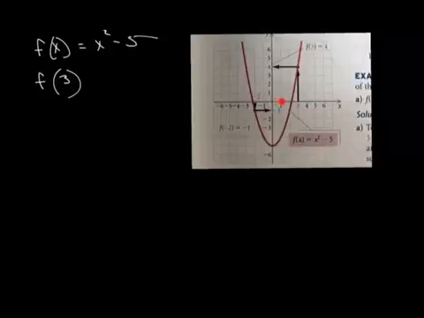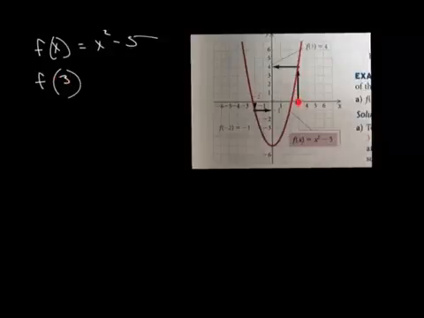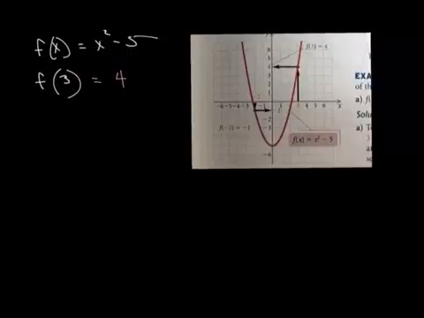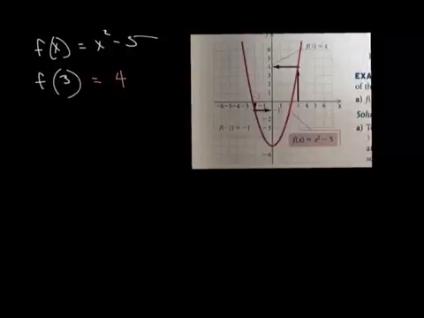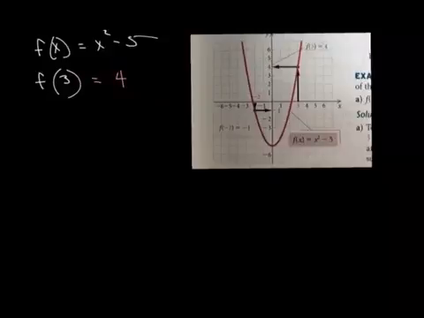So I'm going to go over 3 and then go up to where I get on the line. So when x is 3, y is 4. And notice when you put in 3 times 3 is 9 minus 5, you get 4. But just looking at the graph, you can tell that.